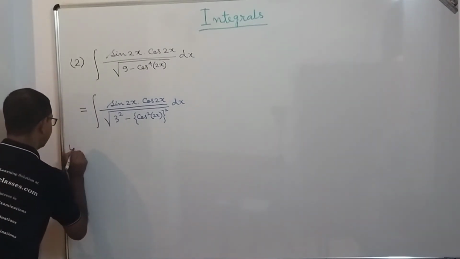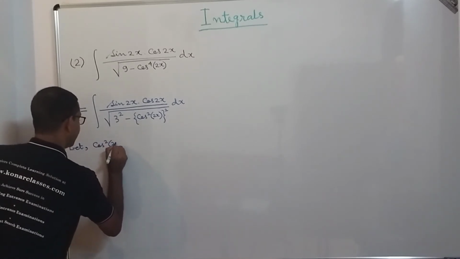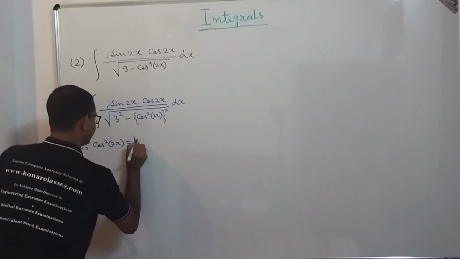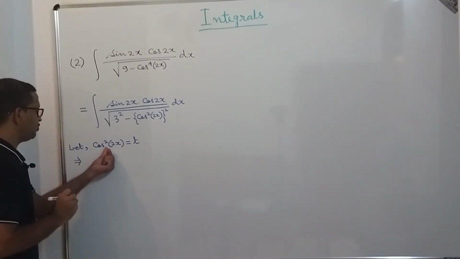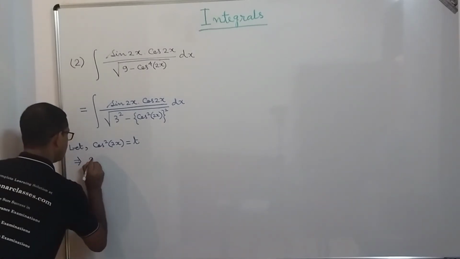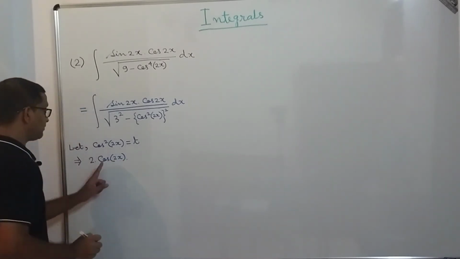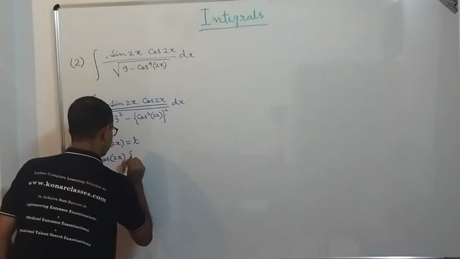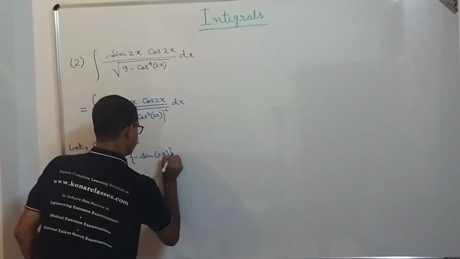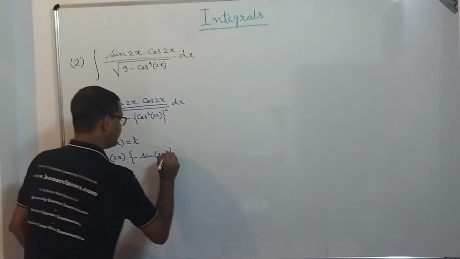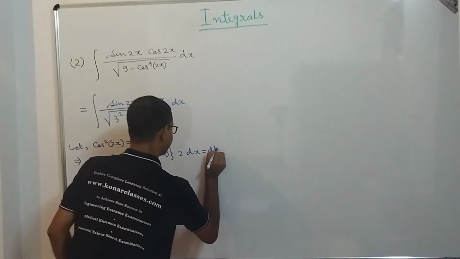So let cos square 2x be equal to t. Then what will be the differentiation of the left hand side? It will be 2 into cos 2x, then the differentiation of cos 2x is minus sin 2x, so that is minus sin 2x into the differentiation of 2x, that is 2, dx equal to dt.